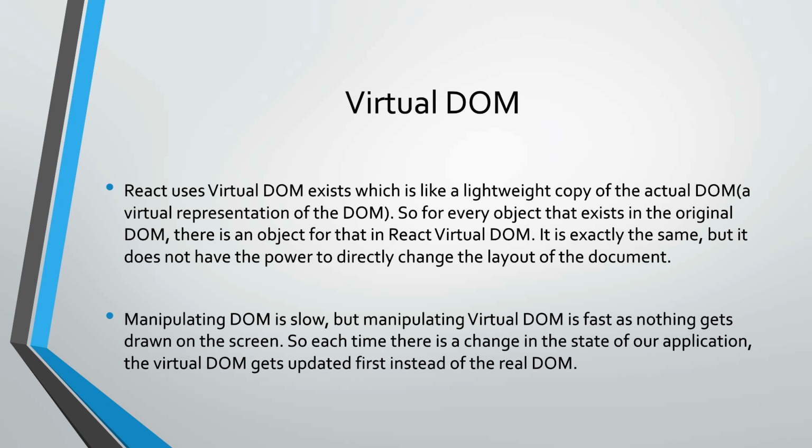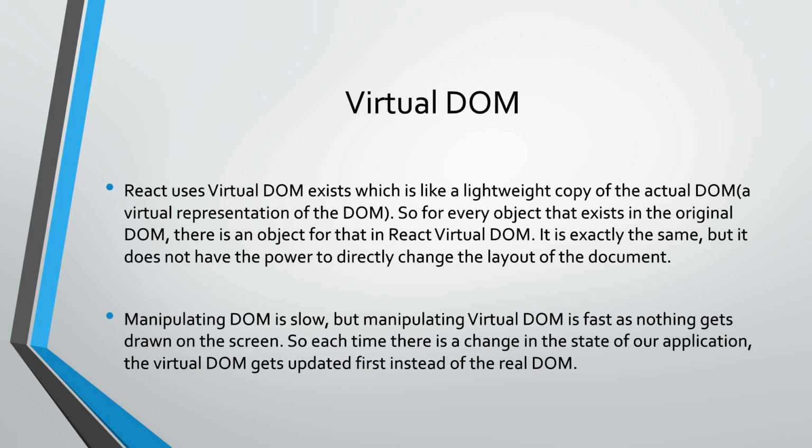It's just a plain object, but it's stored in RAM, so it's fast. We can compute the diff algorithm between the old virtual DOM and the new virtual DOM. So manipulating the DOM is slow, but manipulating the virtual DOM is fast, as nothing gets drawn on the screen.